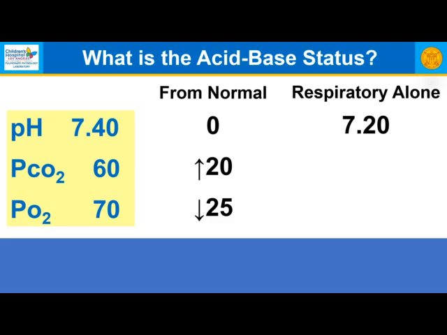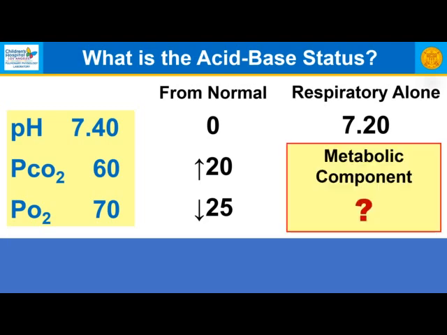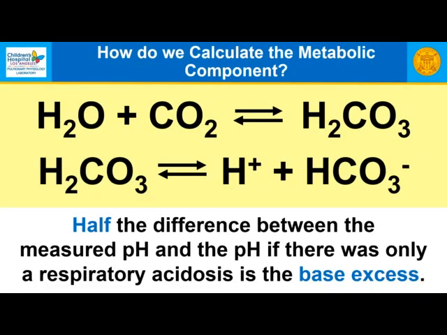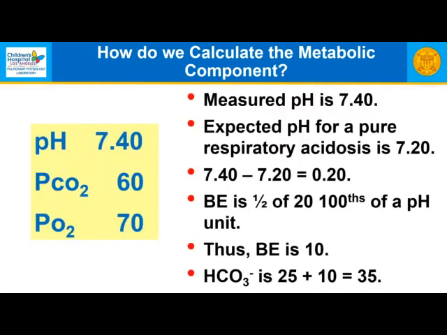Now, is there a metabolic component? In this case, 7.4 minus 7.2 does give us a difference. That is, there is a metabolic component, but what is it? How can we calculate it? So here's the second easy rule. Half the difference between the measured pH and the pH if there was only a respiratory process is the base excess. So how does that work?